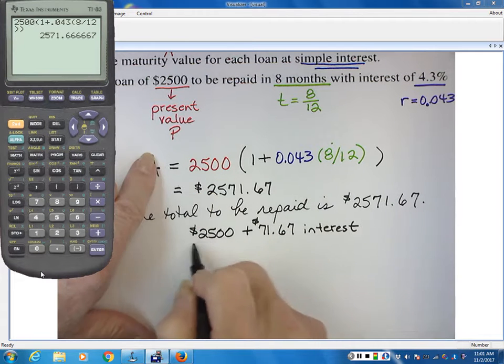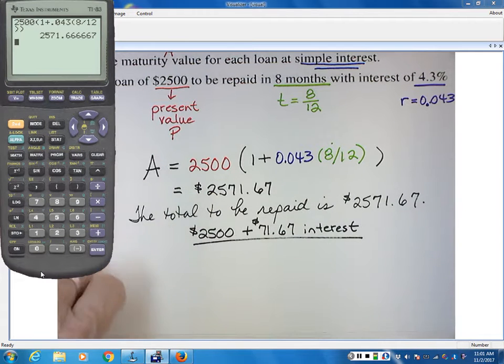So that's the total amount she repays. And again, if we wanted to know her monthly payments, we would just divide that by 8. And like I say, that's where we started from. Okay? Any questions?